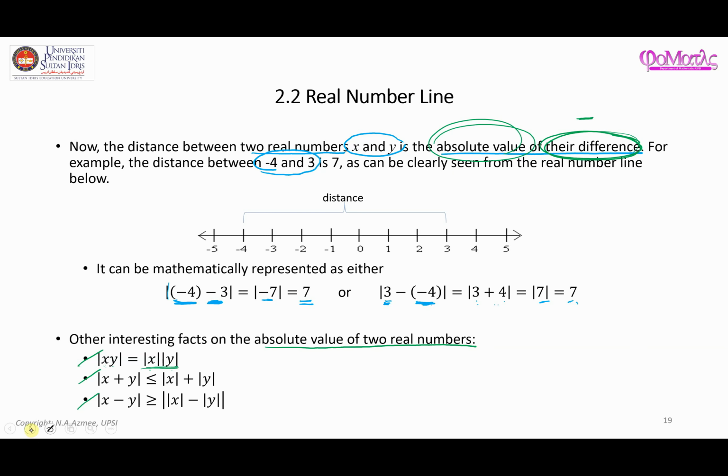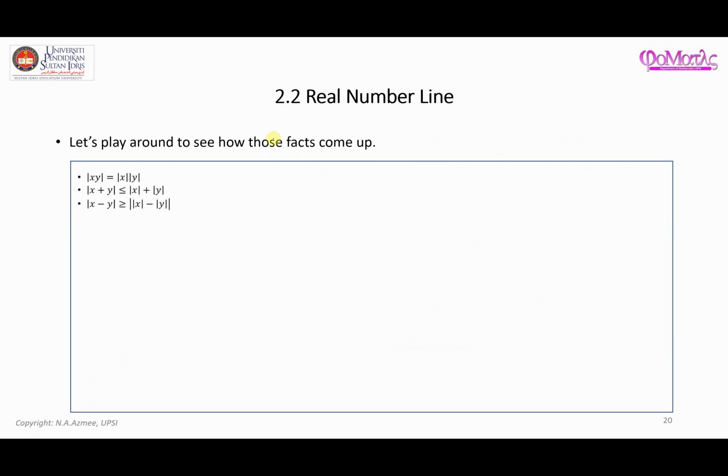Let us now see how those facts come up by playing around with certain numbers that are easy to work with. For example, let us choose x equals 1 and y equals -2.